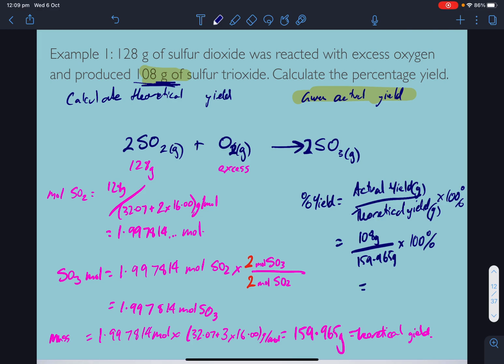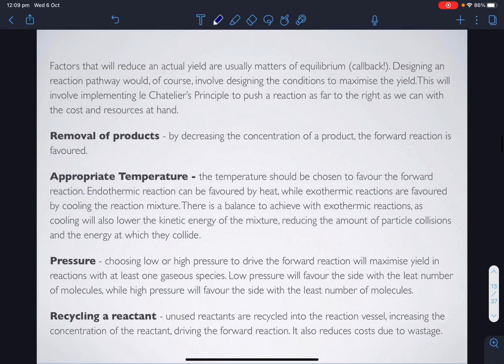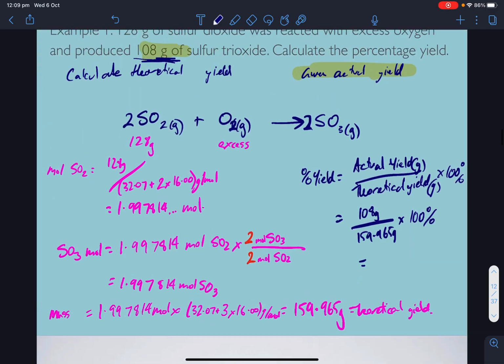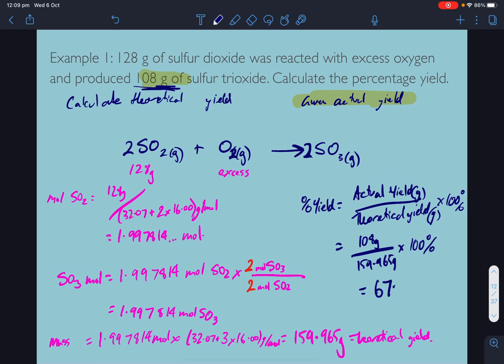Kept my number in my calculator. 108, I get 67.5. Yeah, I'll keep it to 3 sig figs. 67.5% to 3 sig figs.